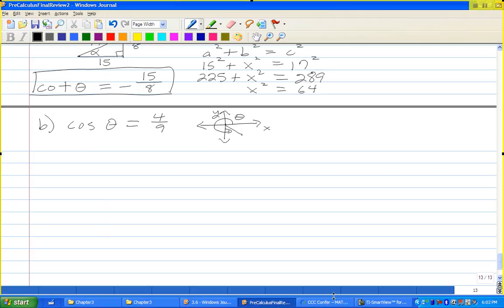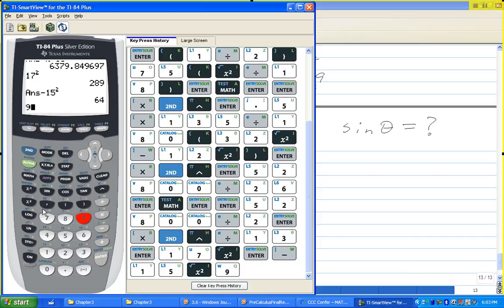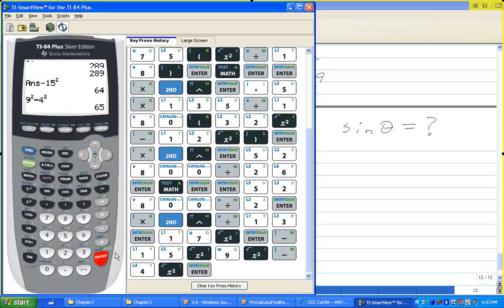Yes. Okay, so you're in the fourth quadrant, so tangent is negative. I want to find sine of theta. Okay, so first off, that's some reference angle. I have a 4, 9, 16, 81 minus 16 is 65.